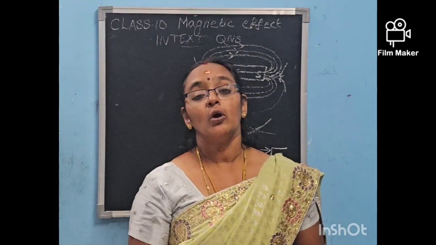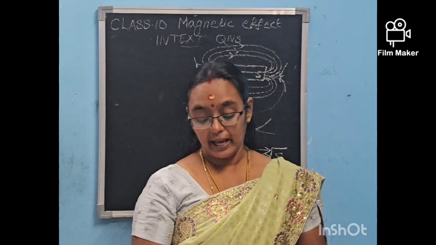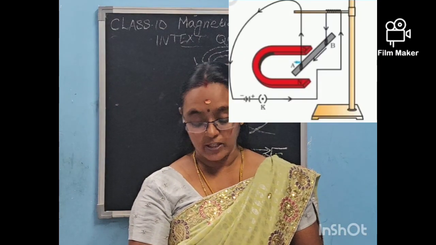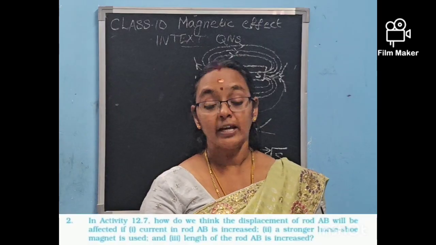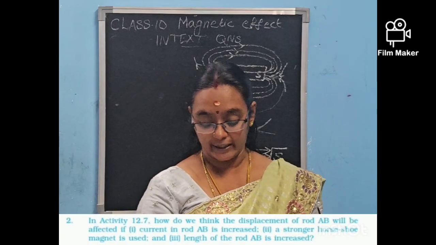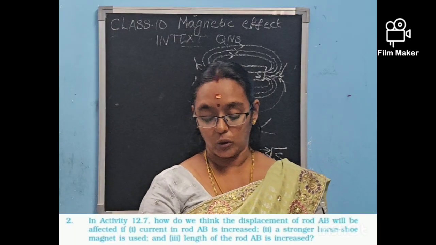Then in page 204, an activity is there, and they are asking, what do you think, will the displacement of the rod AB be affected if the current in rod AB is increased, if a stronger horseshoe magnet is used, or if the length of the rod AB increases?